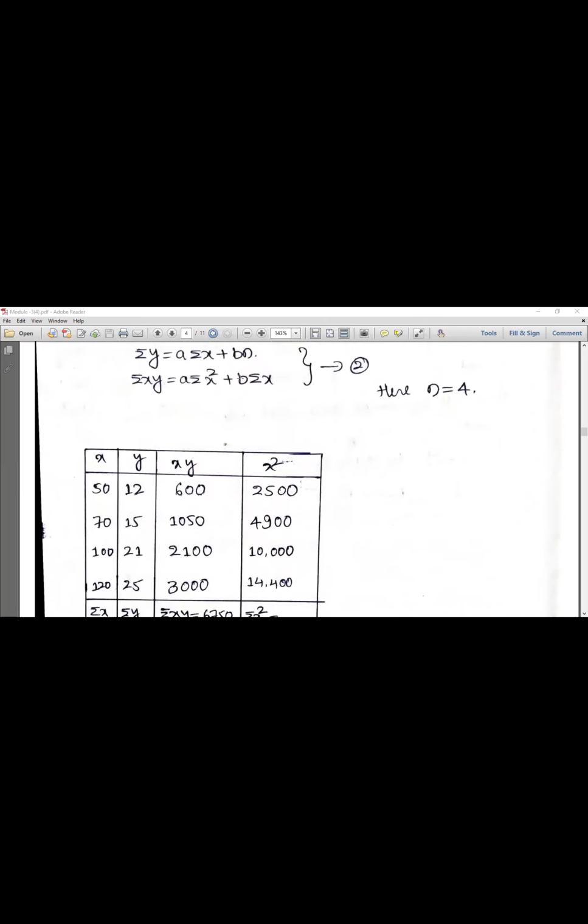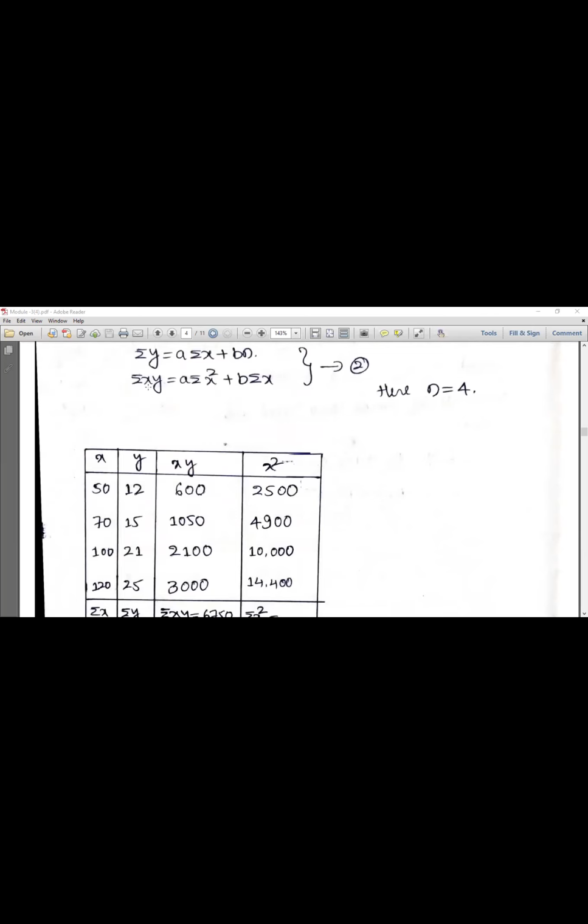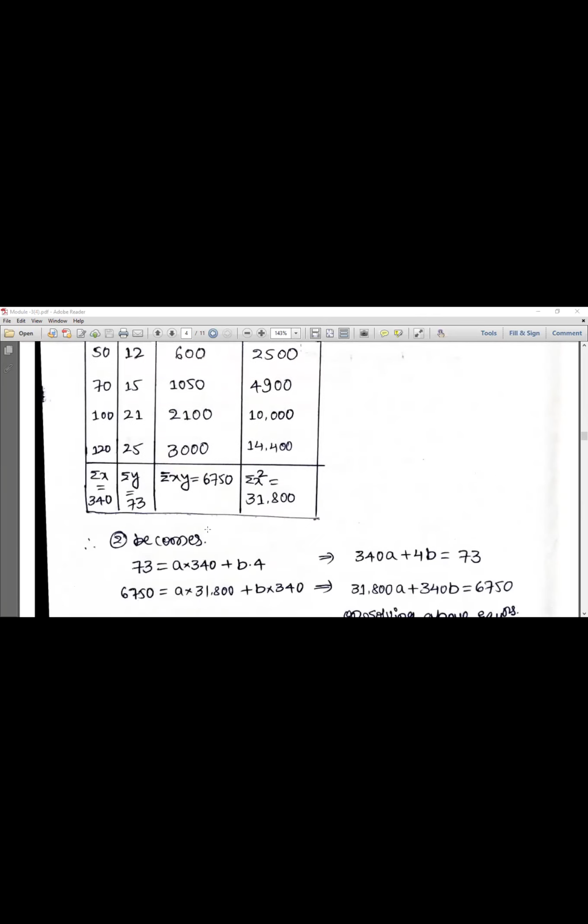So a into summation of x, 340. b into n, that is 4, b into 4. Then summation of xy, that is 6750. a into summation of x square, that is 31,800, plus b into summation of x, that is 340.